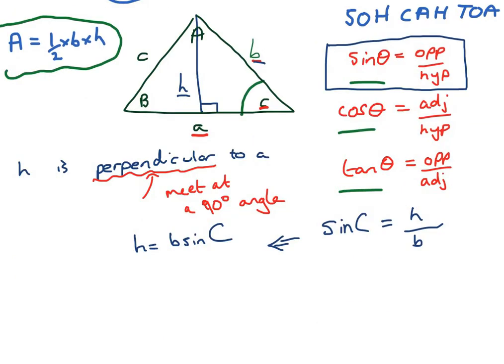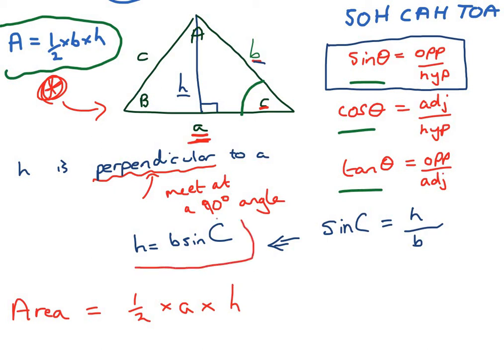Now, hopefully you can see what I'm going to do next. What we're going to do is just use this formula here and apply it to our triangle. So we're going to get the area of our triangle is just equal to a half times the base, well the base in this case is A, that's here, and times the height, well the height is H. But we also know from this formula that H is B sine C. So let's plug that in here.